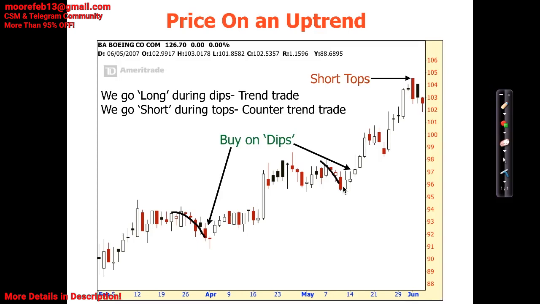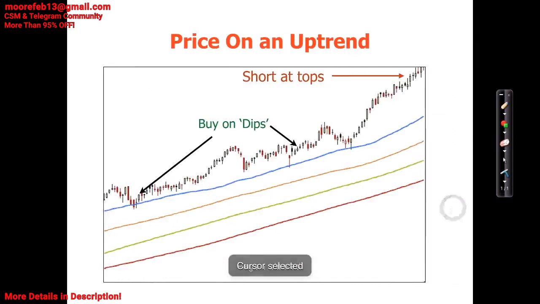And only when it hits a level of support and bounces off the support do we enter the trade. So you never anticipate or guess that it's going to continue. You wait for confirmation that it's going to continue after it has hit a level of support and bounced off that level. So let's take a look at how we could use moving averages for this.